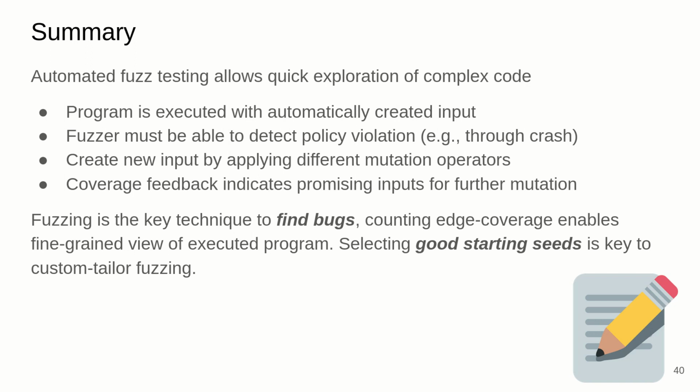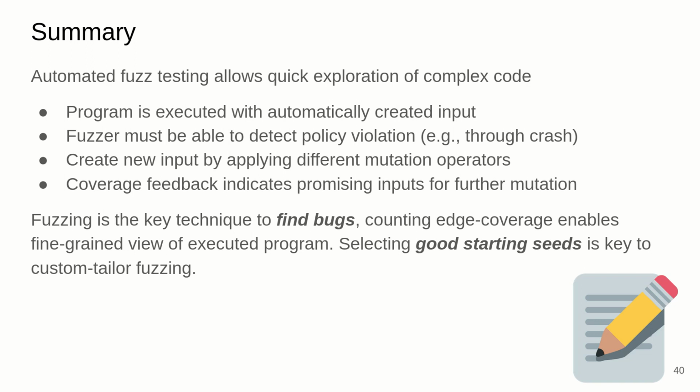The fuzzer must be able to detect violations, for example, through a crash, to store inputs that are of interest to the developer, and to have a form of feedback for Greybox fuzzing to infer if a seed creates or triggers new functionality. Inputs are created by applying different kind of mutation operators, and coverage feedback indicates the promising inputs for future mutation.